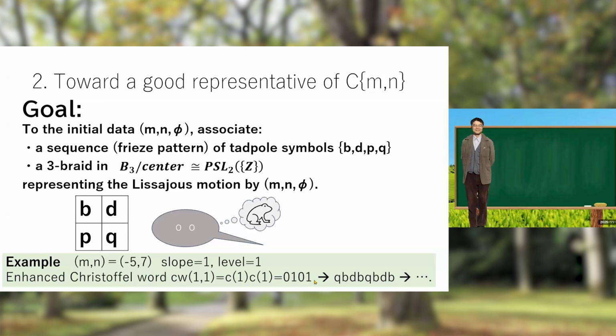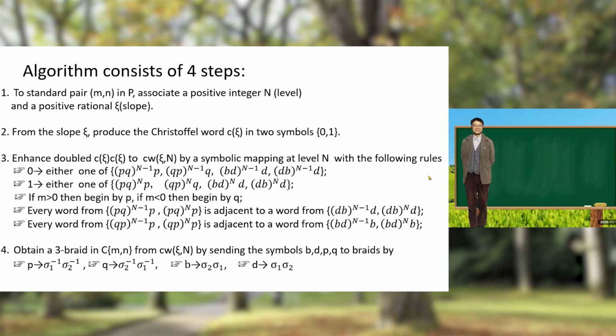Then we associate some tadpole symbol Frieze pattern by a simple rule. Then we interpret this Frieze pattern as 3-braids explicitly. So maybe we could skip this.